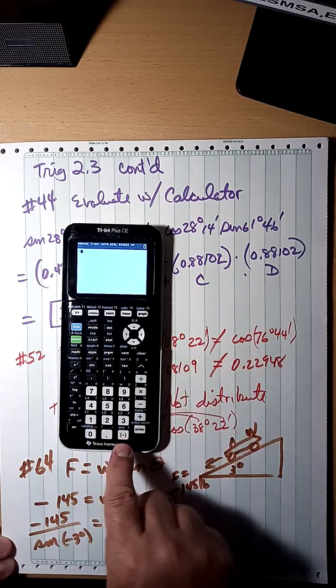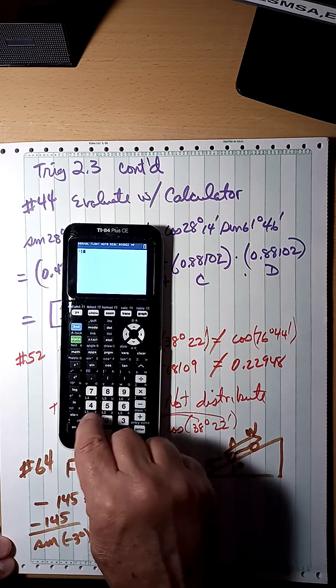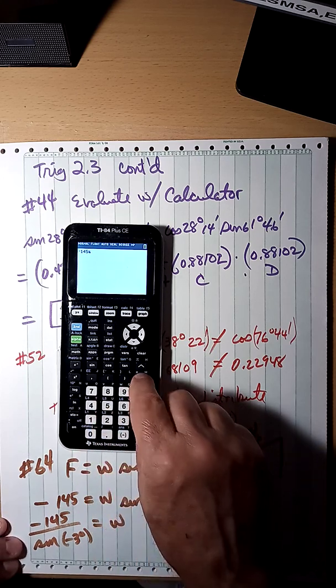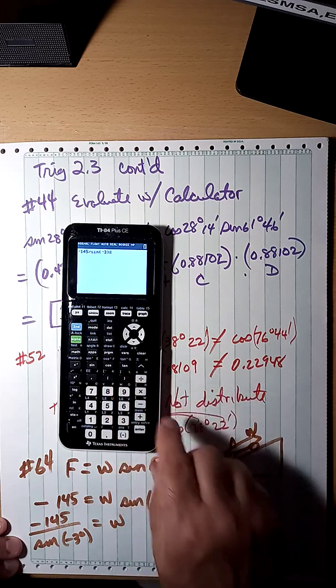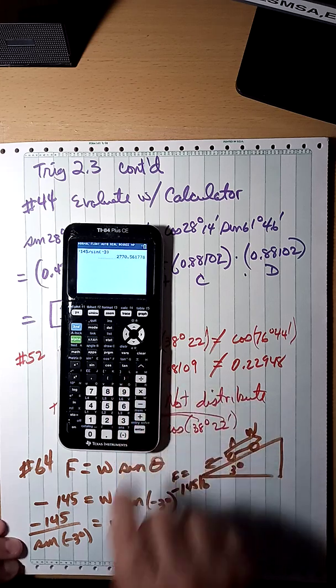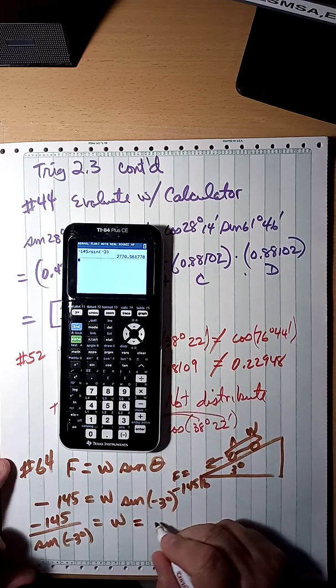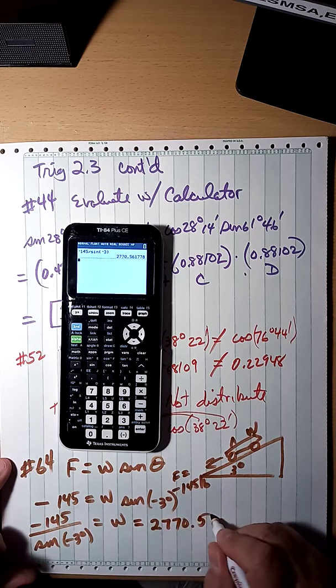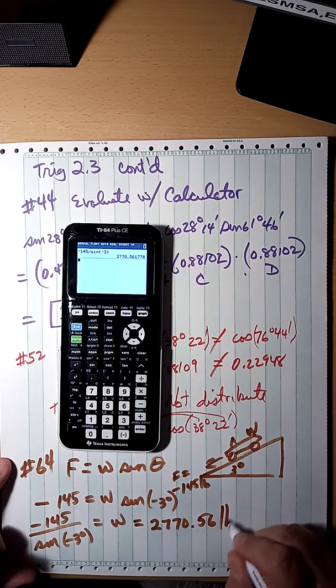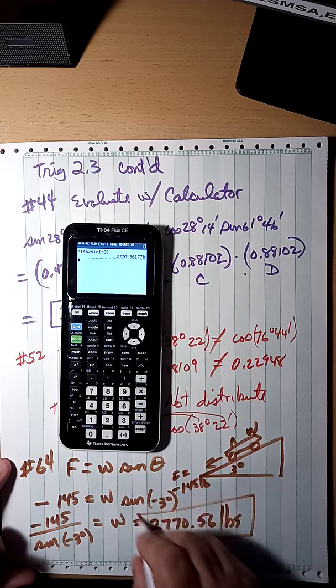Negative, you would use the negation, not subtraction. 145 divided by the sine of -3, and I've got degree mode, so I'm good. And you get 2,770.56 pounds. That's the weight of the car.